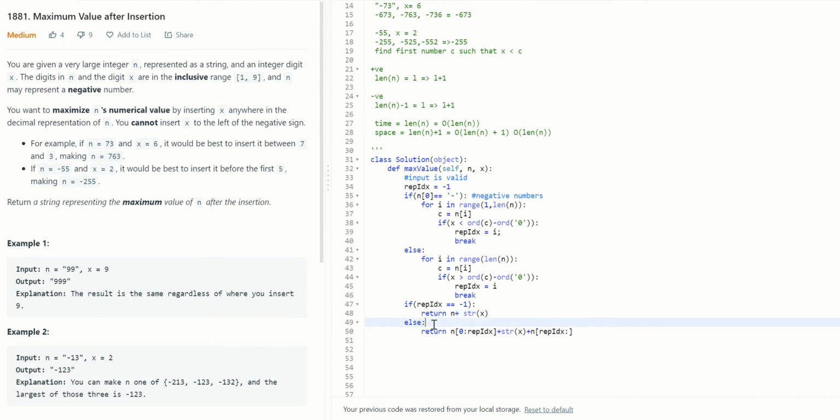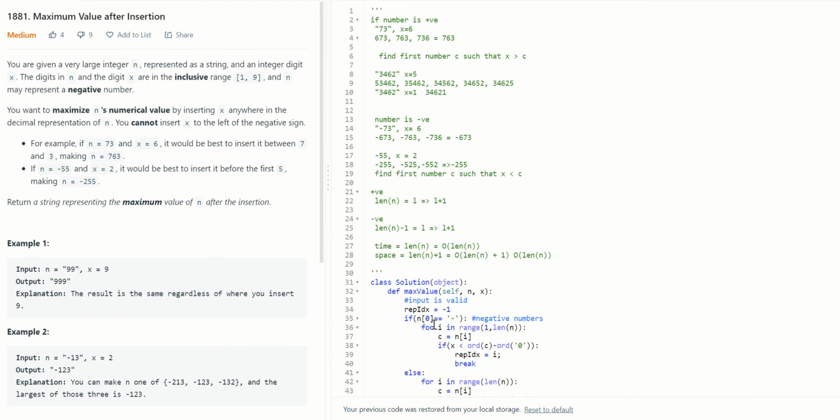So just to recap, the basic thing is as long as x is less than c, you skip those numbers, right? So x is 6, and 6 is less than 7, right?